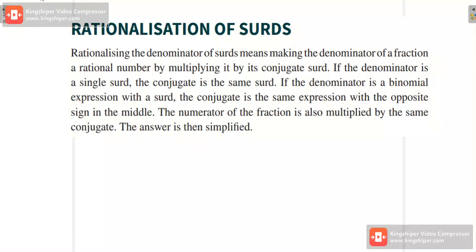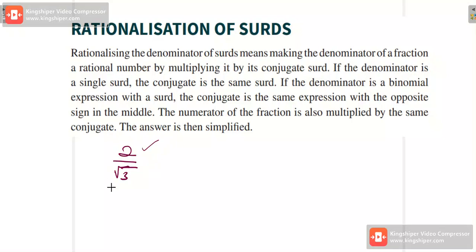But let's see, we have a surd of the form 2 over root of 3. Now you can see that the numerator is not an irrational number. 2 is a rational number, so the numerator is already rationalized.